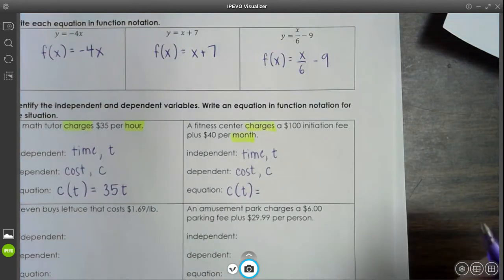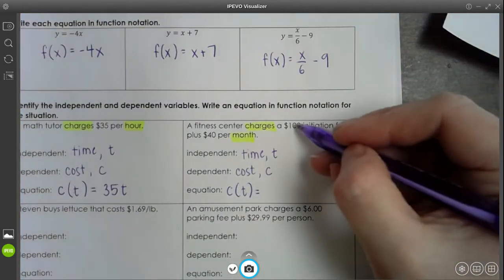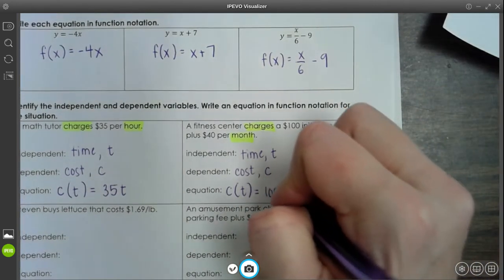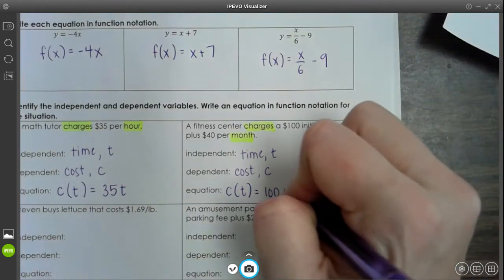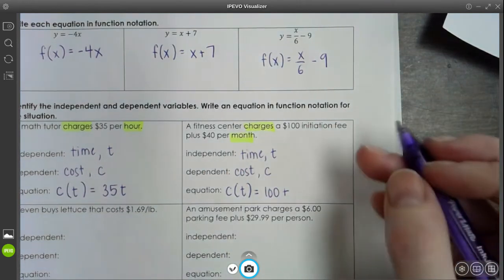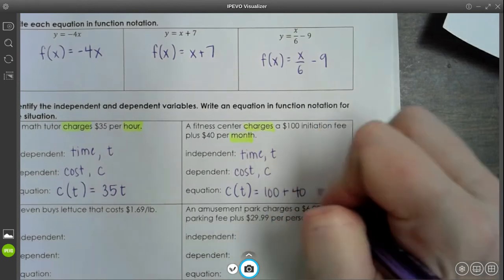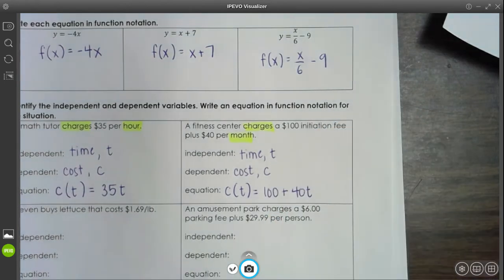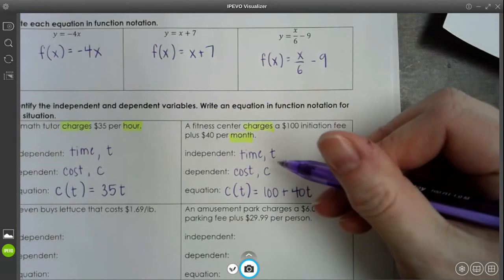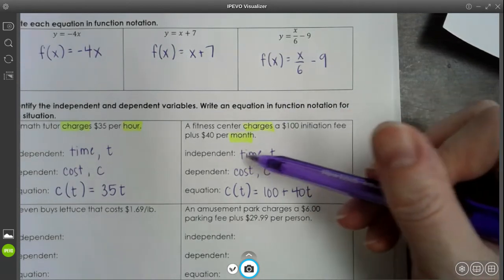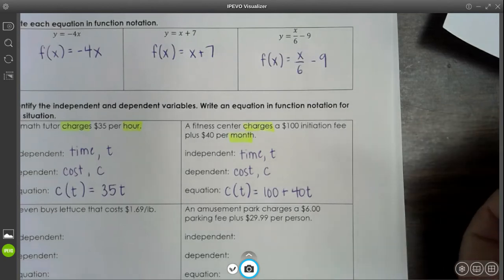And now we have to write the equation. How do we figure this out? It's $100 just for the initiation fee, plus it's $40 per month. So $40 times the time, times the number of months. Now, if you wanted to use a different variable here, you certainly could. You could have used like M for number of months. That's totally up to you.